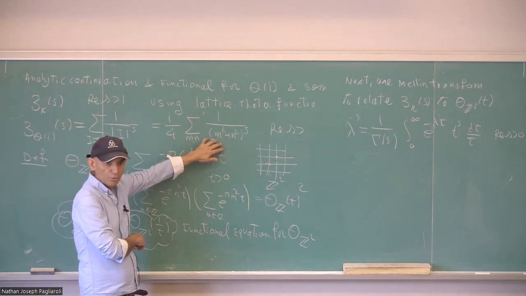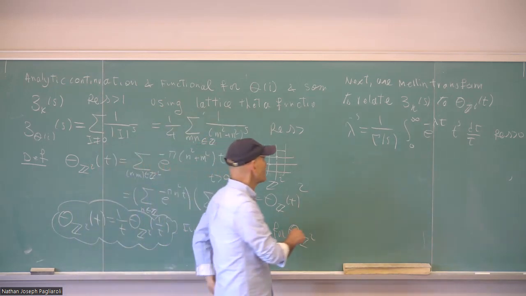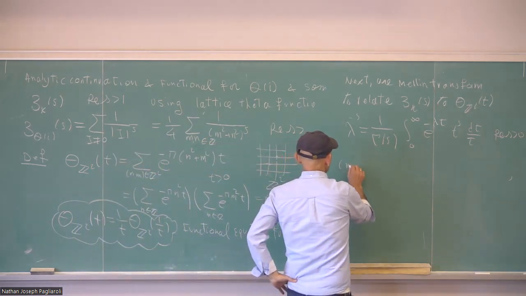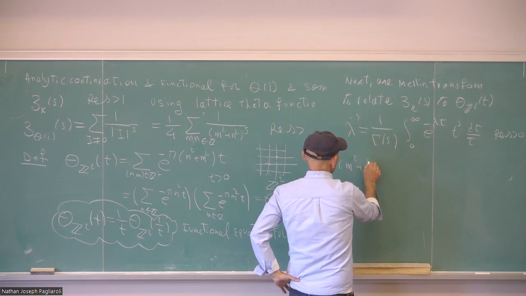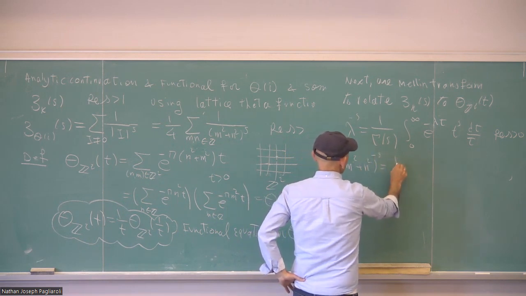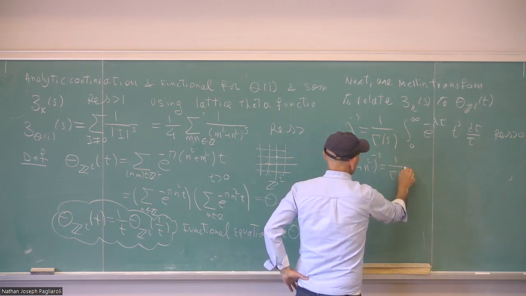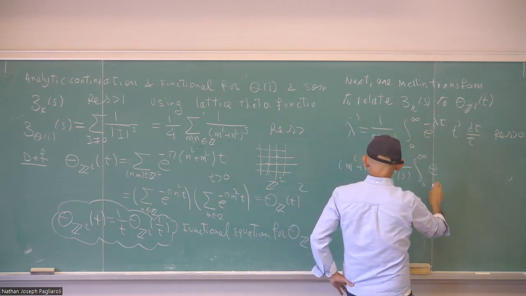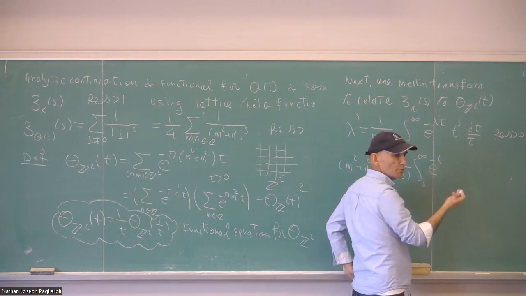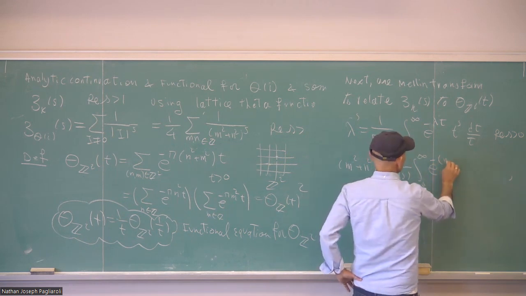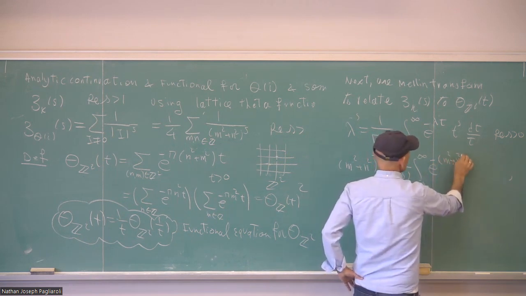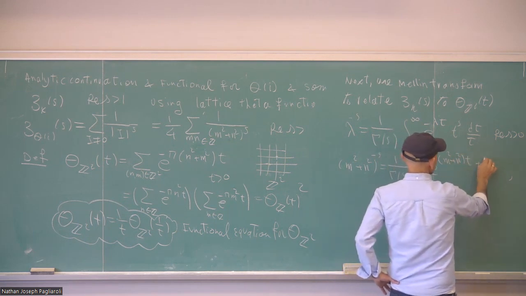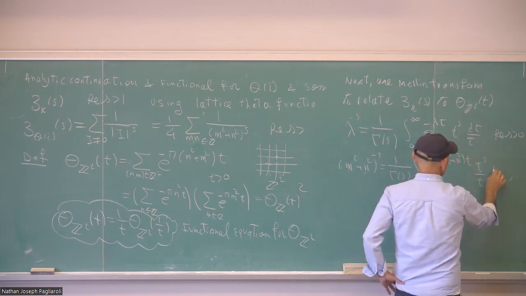So put m squared plus n squared, exponential of minus (m squared plus n squared) t, t to the s over t dt.